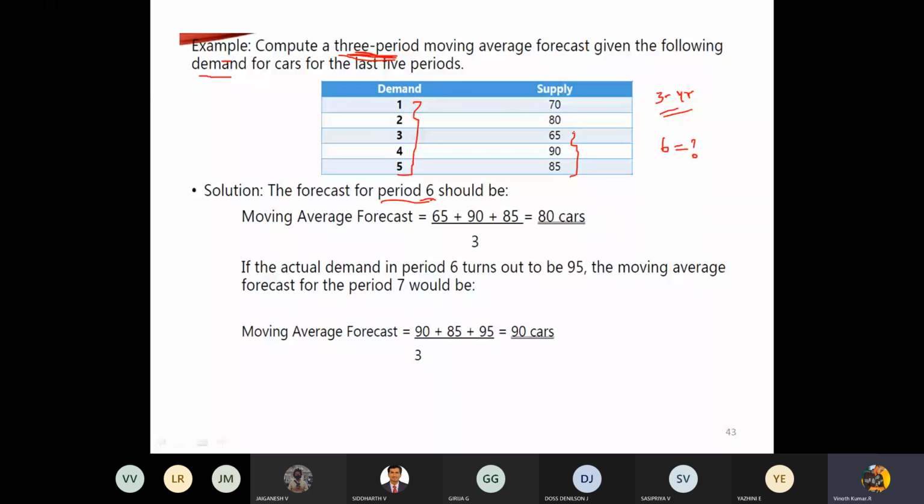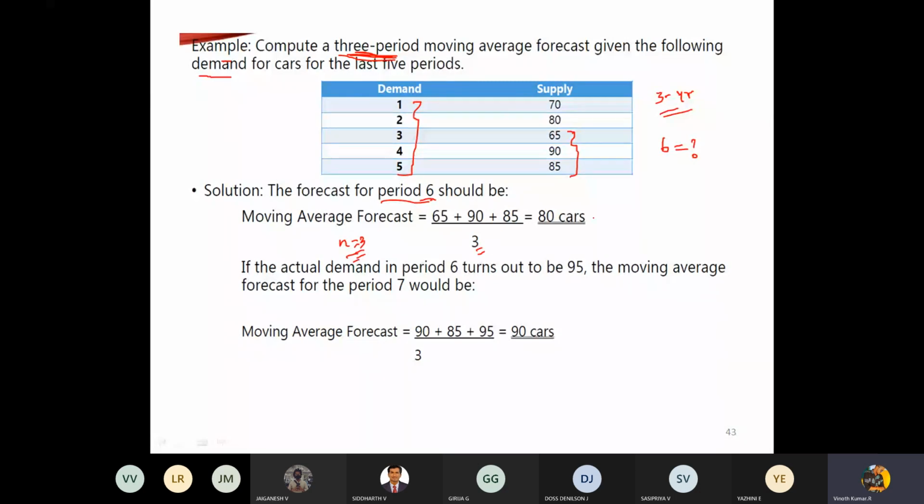It is 65 plus 90 plus 85 divided by 3. This 3 is the number of periods, so n is equal to 3. How many variables are there in the numerator? It is 3. Divided by the 3 values, what comes is 80 cars.